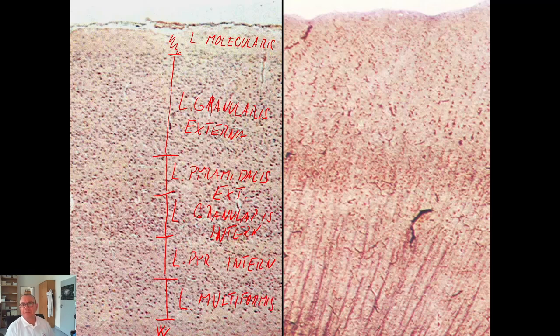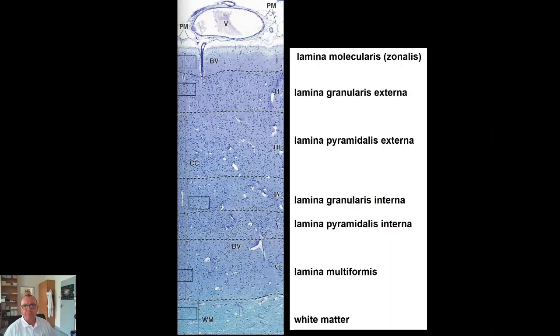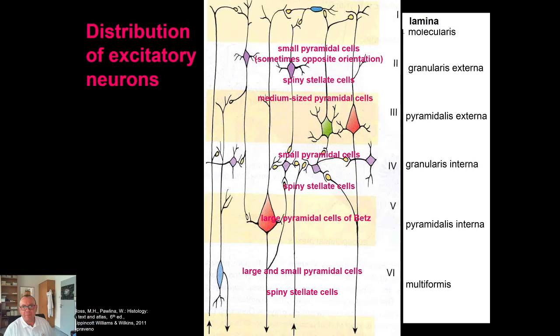The right picture is impregnated, so here we can see mostly processes of neurons. Again, we can see some laminar arrangement of the cortex. The layers should be the same as we know from the left picture. Here are all the names written, and we know which cells are situated in which of them.